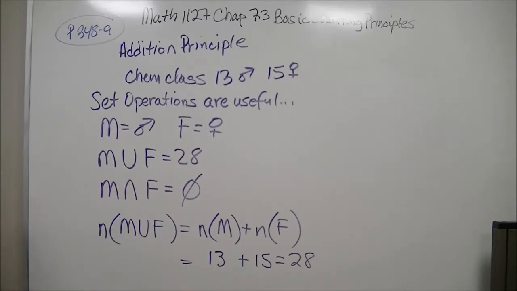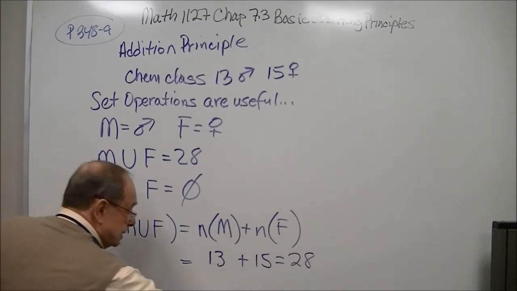Now, how do we put this in the addition principle in set notation? Well, we're going to say our number of individuals of the union with our M and F set is equal to, and we see it right here.